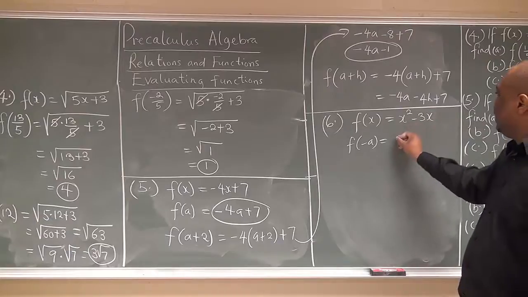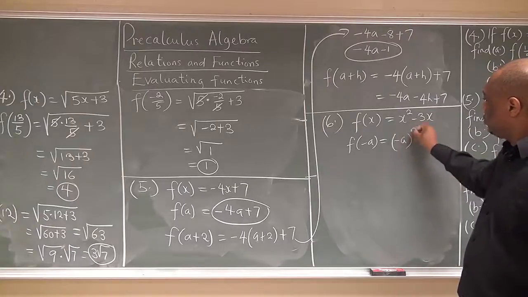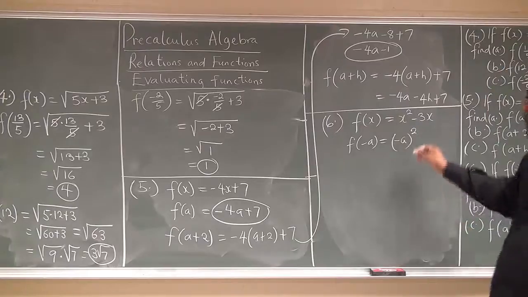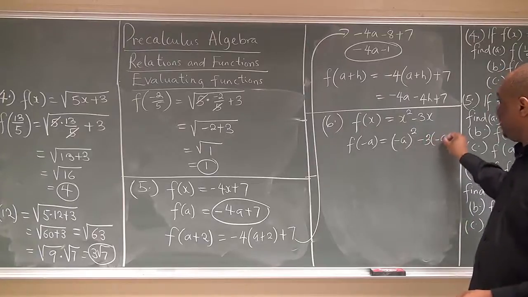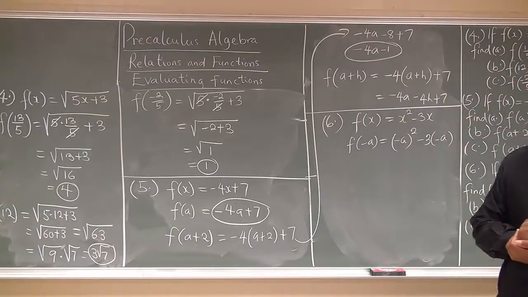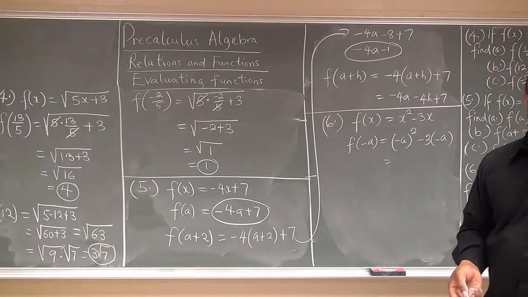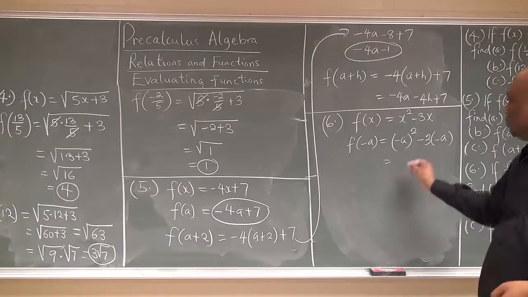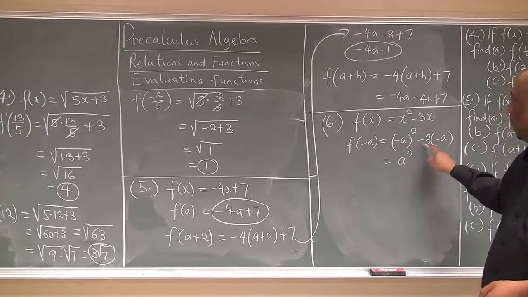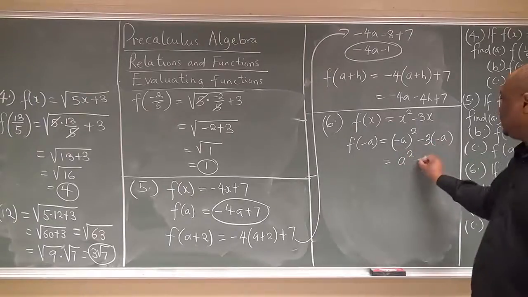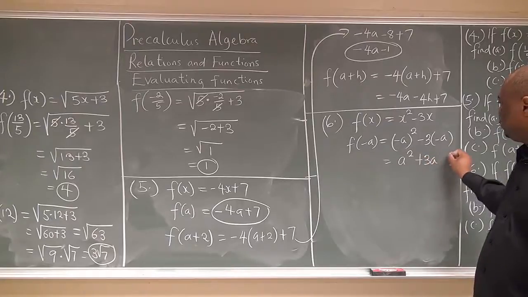So this is negative a all squared minus 3 times negative a. Okay, negative a all squared means negative a times negative a. So that gives you a squared minus 3 times minus a is plus 3a.